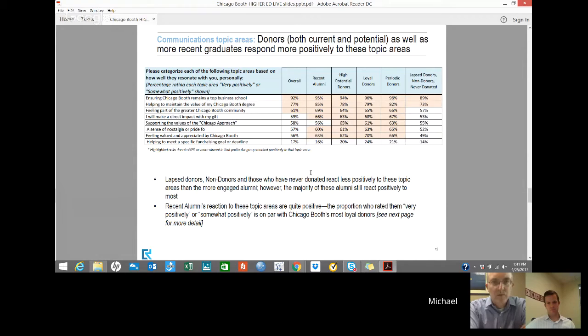So as Adam had stated earlier, we found that across the board, the messaging resonated very similarly with all groups, whether that's by donation status, the program graduated from, gender, decade of graduation, et cetera. It was very, very interesting that the messages were very universal in terms of how they read with people.